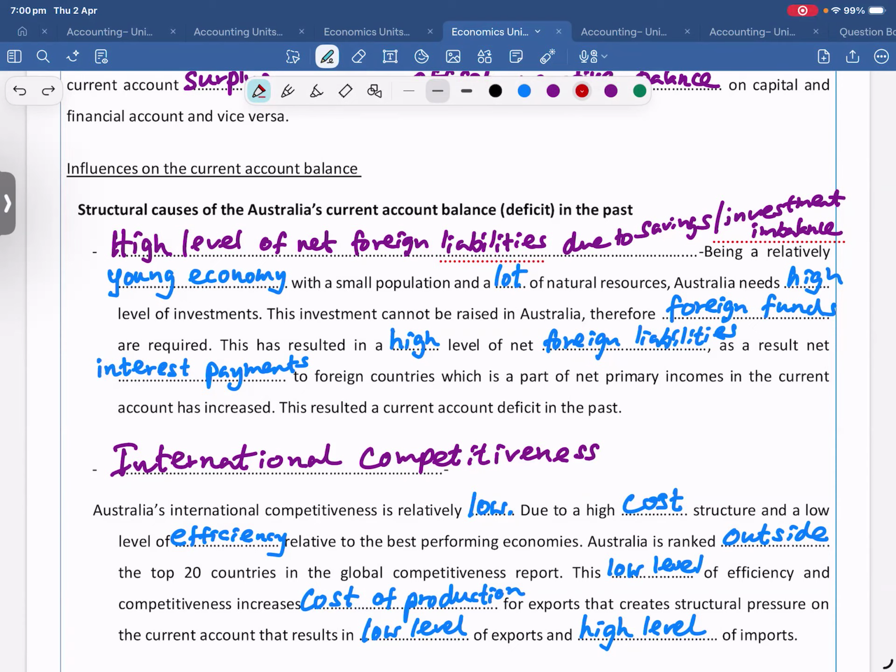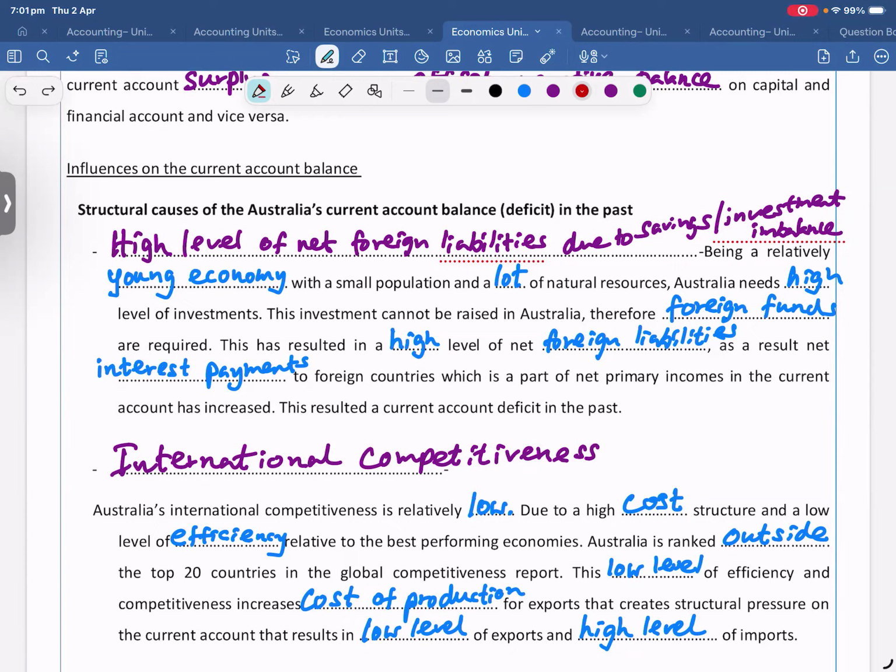Is it four? Yes, four. What are those four, Kishore? The balance on merchandise trade, BOMT, or the balance on goods. Net services, very good. Net primary income, yes. And then the net secondary income.